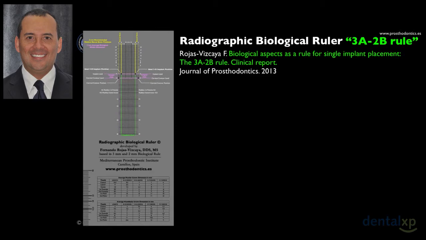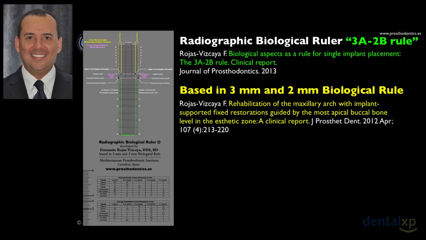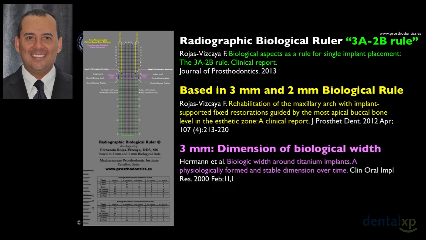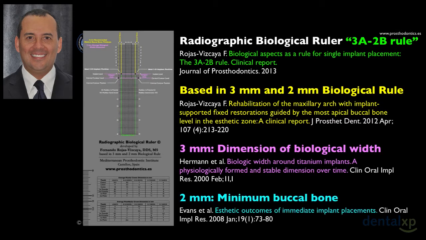And you can see also the rule in the Journal of Prosthodontics that I published with the 3A to B rule. And this 3A to B rule is based in the information about the average dimension of biologic width in dental implant and the minimum buccal bone that we need to preserve to avoid its resorption. This is 3A to B.